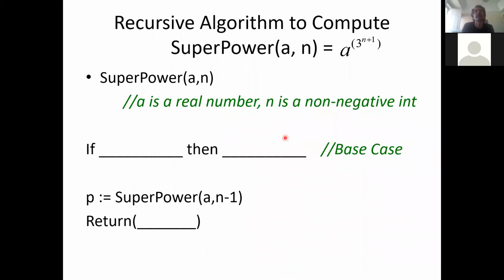Okay. So here we have maybe a different way to look at this. You have some goal. You want to compute the following expression by a recursive algorithm.